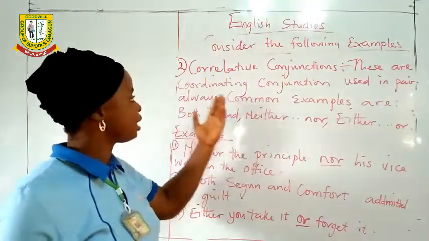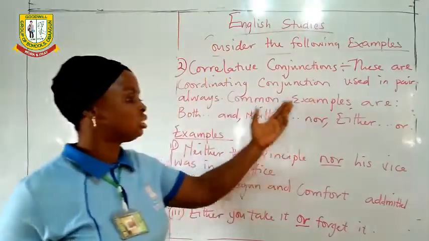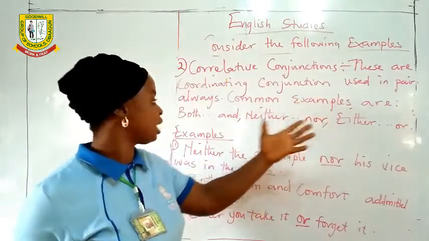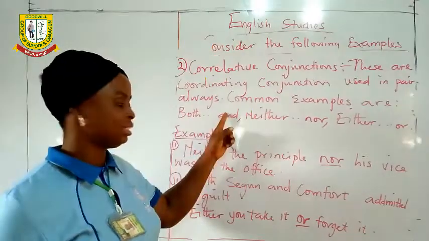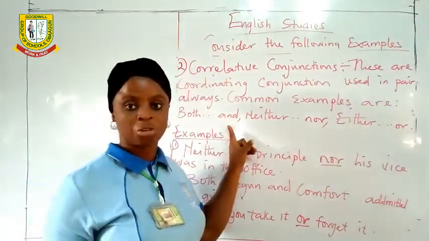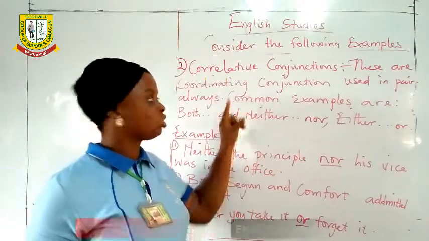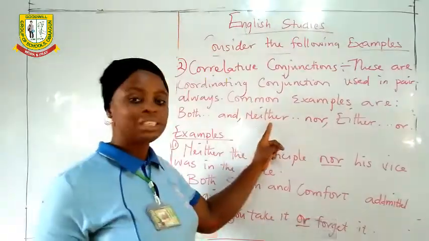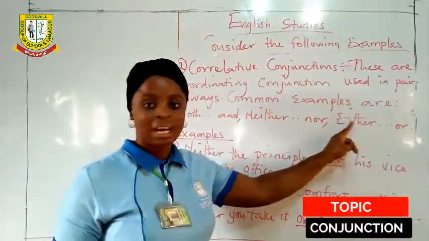So I have explained correlative conjunctions. I said these are coordinating conjunctions that are used in pairs always. So the common examples are both, and. So both is a conjunction, and is also a conjunction. But under correlative conjunctions, they are used in pairs. Neither, nor; either, or.